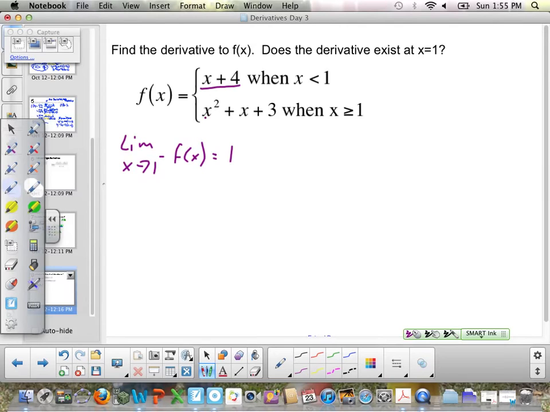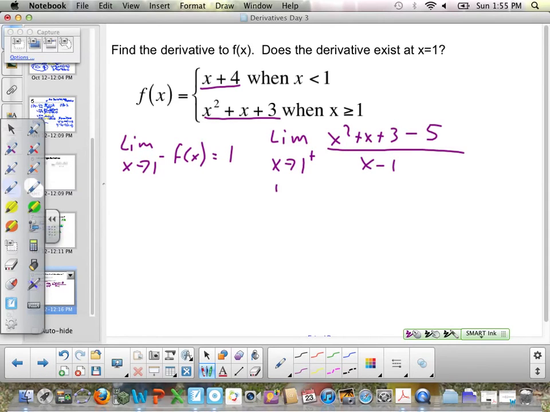As we approach from the right, we'll do f of x, x squared plus x plus 3, minus f of 1. 1 plus 1 plus 3 is 5, all over x minus 1. You can try and plug and chug. If you've done it right, it won't work. The derivatives never work with an initial plug and chug.